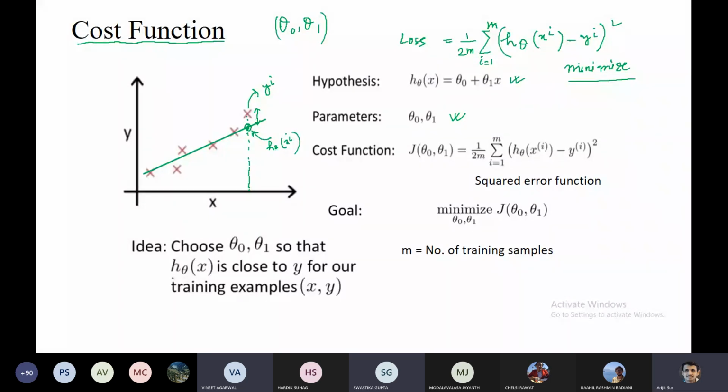So the idea is that this is a kind of optimization procedure. We have some objective function, J of theta 0, theta 1, which is your objective function or cost function, and we are going to minimize it to optimize. Minimization is a kind of optimization. And here m is the number of training samples.